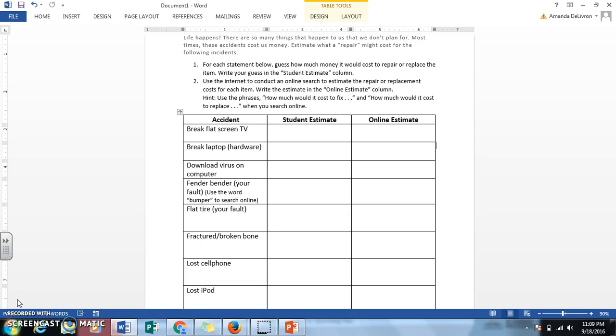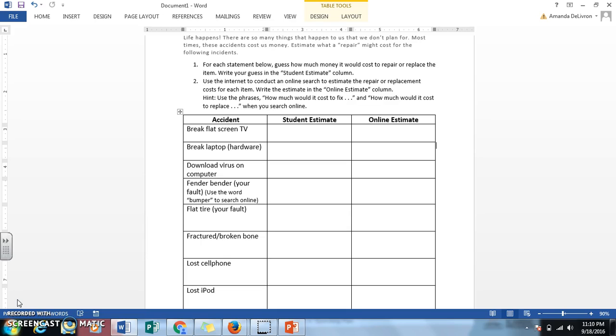So when you have an accident, not only do you have to deal with the cost of replacing or repairing the damage, but sometimes those unexpected costs can impact our ability to meet other spending obligations. For instance, if I go to the doctor because I have a broken bone, I'm going to have to pay medical bills.